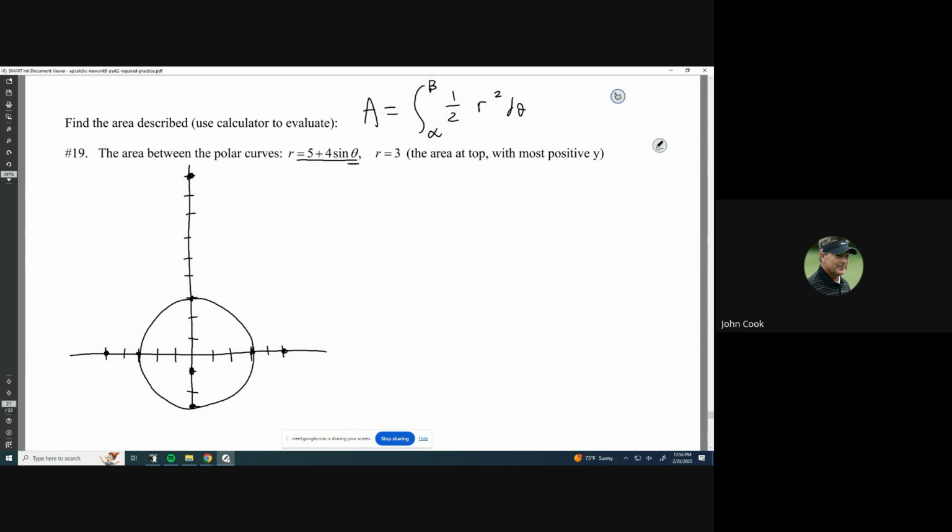So then the outside part kind of looks like this. Goes up, back over there. So something like that. Alrighty, we got our graph again. Now we got to find the area between the polar curves. The area at the top with the most positive y, between the curves.